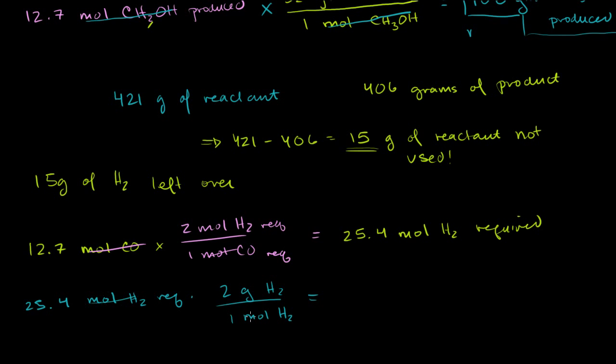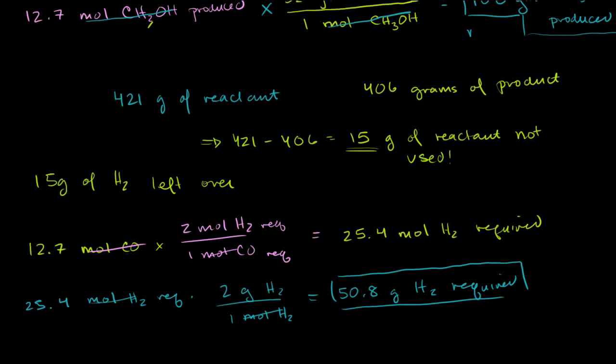This cancels out, mole of H2, mole of H2. So we're going to have 25.4 times 2, which is 50.8 grams of H2 required. That's how much we're going to consume in the reaction.